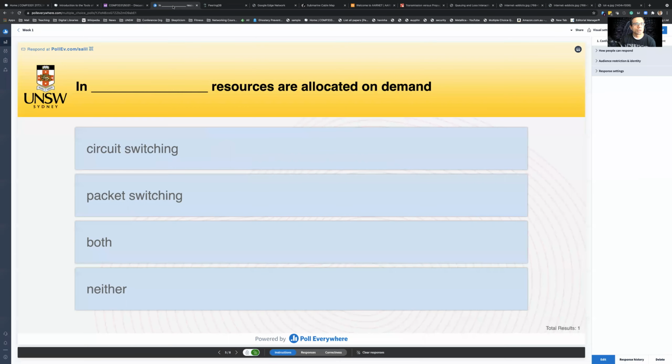If you could kindly go to pollev.com/Salil and answer this question, please. Okay, let's have a look.